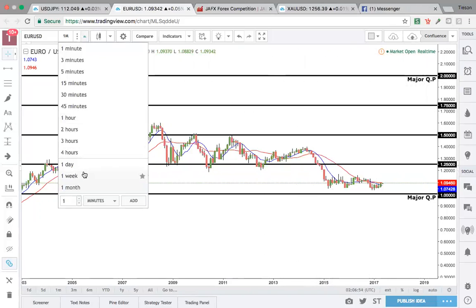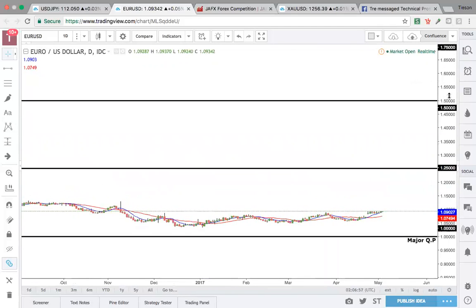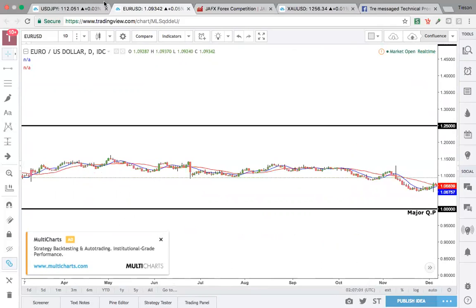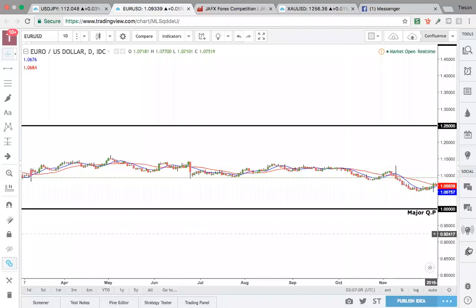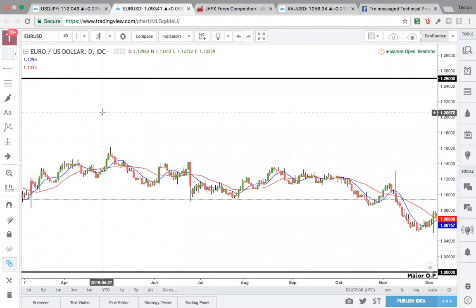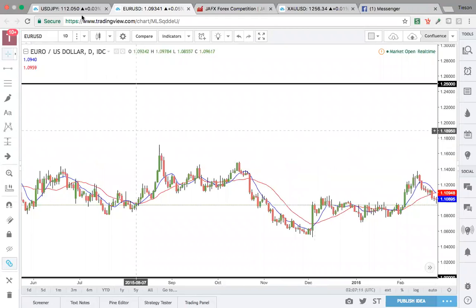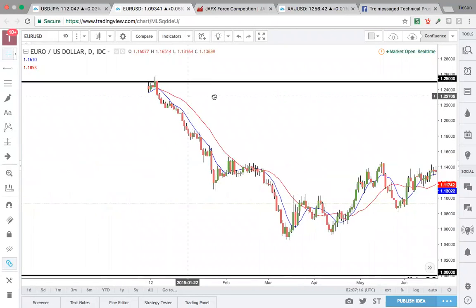So let me go back down to like a smaller time frame. Typically what people use this for is more so swing traders. So people who will mark up charts on the daily or weekly, and will use it.